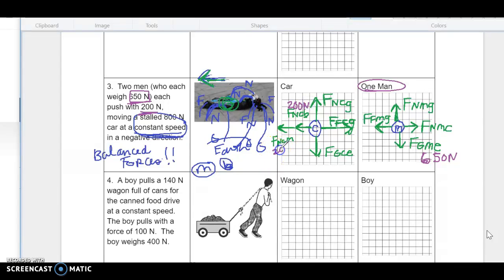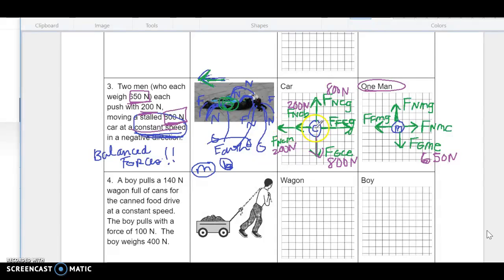They're moving a stalled car that's 800 newtons. That's the weight of the car, so it's this one. I know all the forces are balanced because it's a constant speed. So if there's 800 down here, this also has to be 800 newtons.